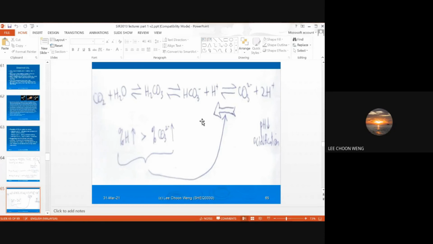So what it means is it is harder to produce carbonates because the equation is being driven towards the other side. With souring, with acidification, this equation is driven towards the other side. It's harder to form carbonates.